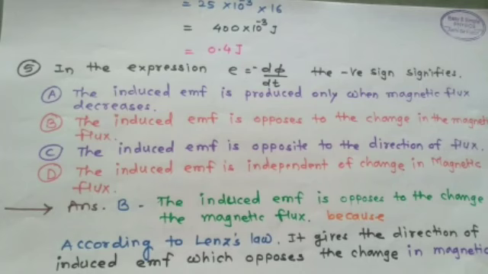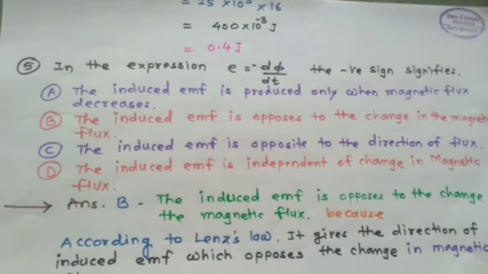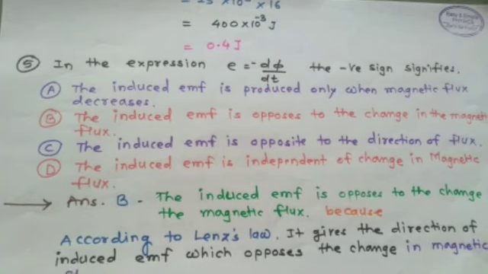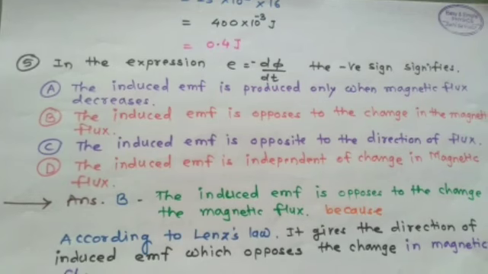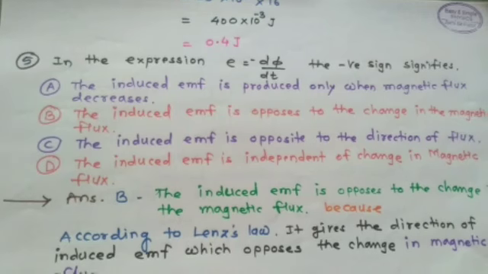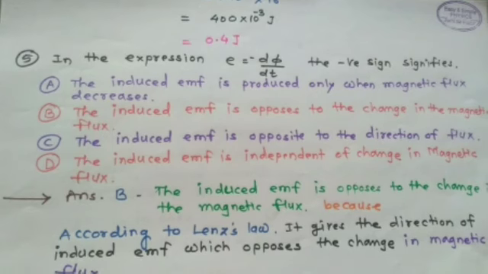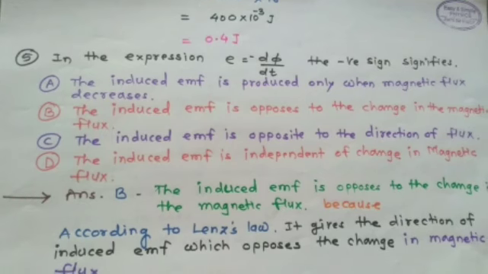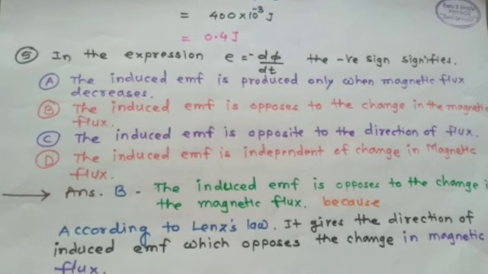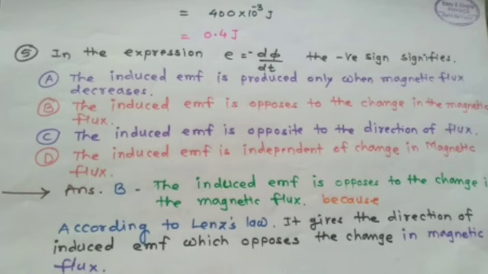In the expression E equals minus d phi upon dt, the negative sign signifies that: option A, the induced EMF is produced only when magnetic flux decreases. Option B, induced EMF is opposite to the change in magnetic flux. Option C, the induced EMF is opposite to the direction of flux.